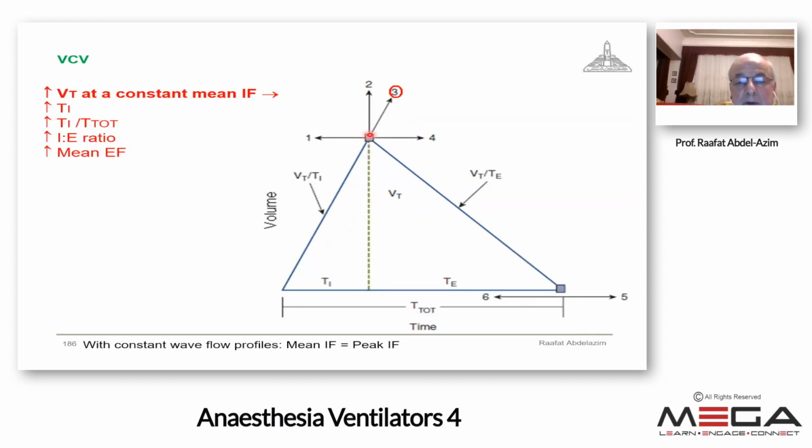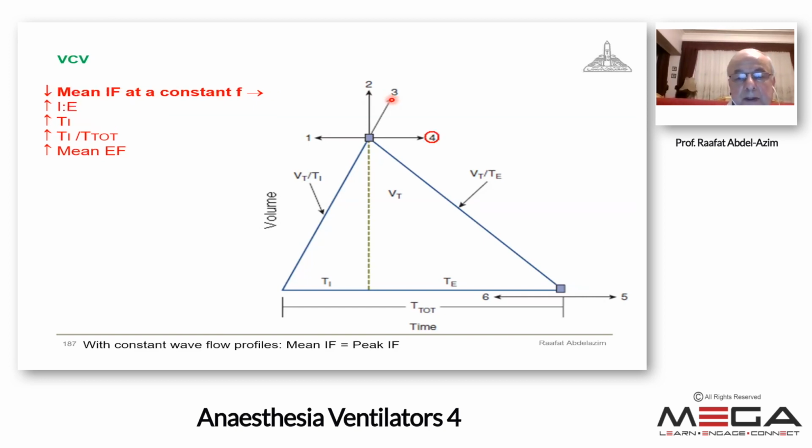Point 4 is increasing the tidal volume but keeping the flow constant, because we are moving on the same line. Constant flow, but increasing the tidal volume. Because we move to the right side, the inspiratory time will be longer, and the expiratory time will be longer. And you know now the effects on the flow rates of each of inspiration and expiration.